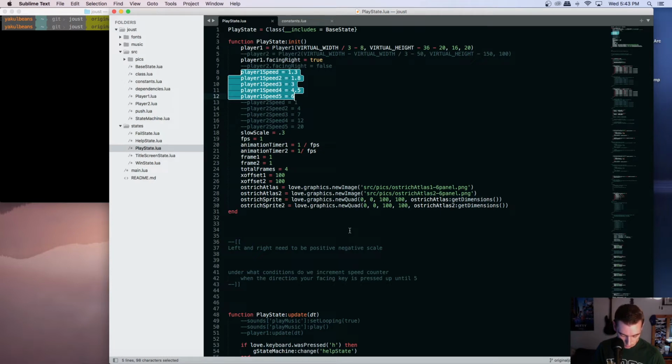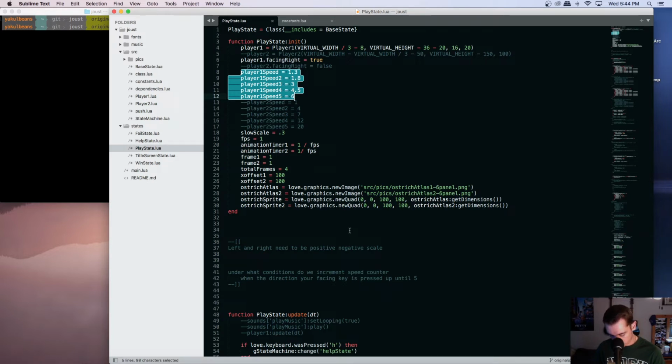So I'm just going to see what the calculator tells me the values of these are. Speed 1 is about 0.39. Speed 2 is about 0.702, 1.3 times 0.3.